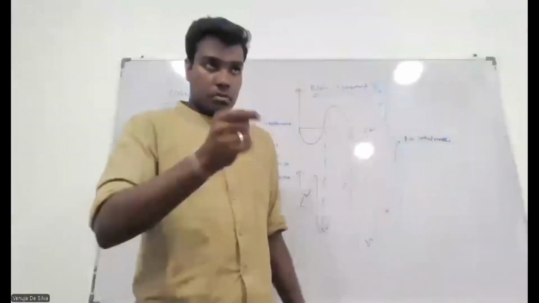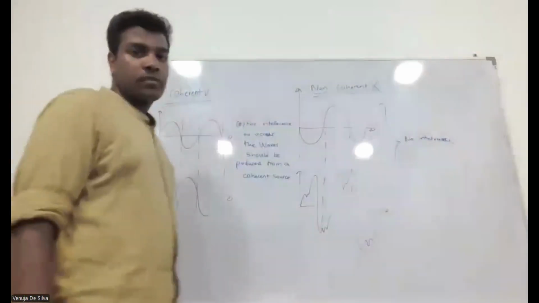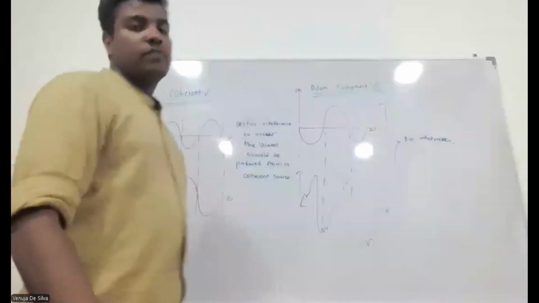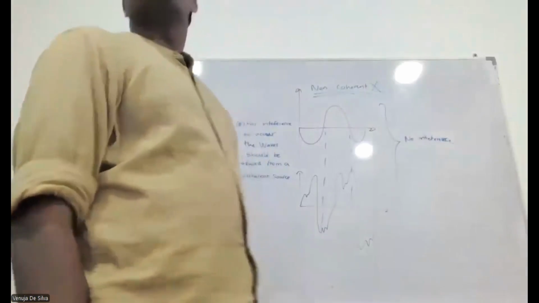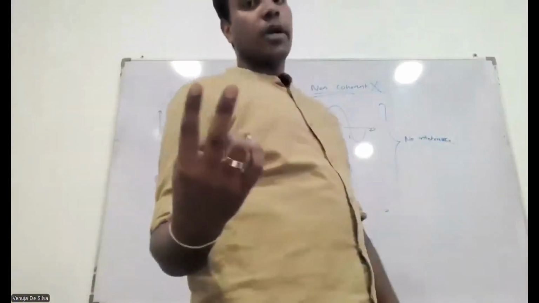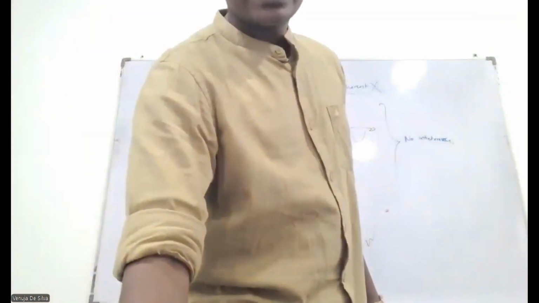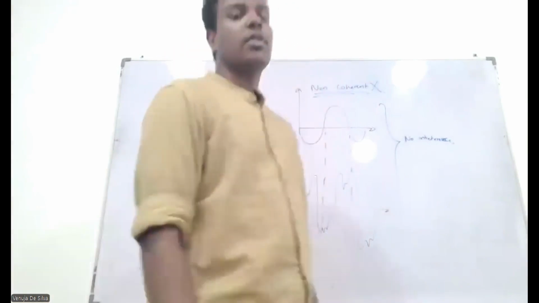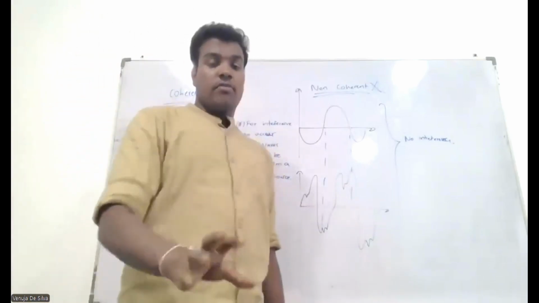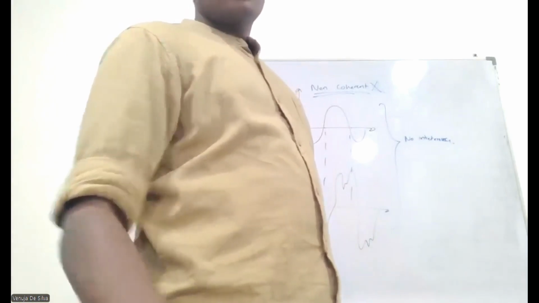Then next, write down: waves are said to be coherent if they have, in point form, only two points. Number one, constant phase difference.